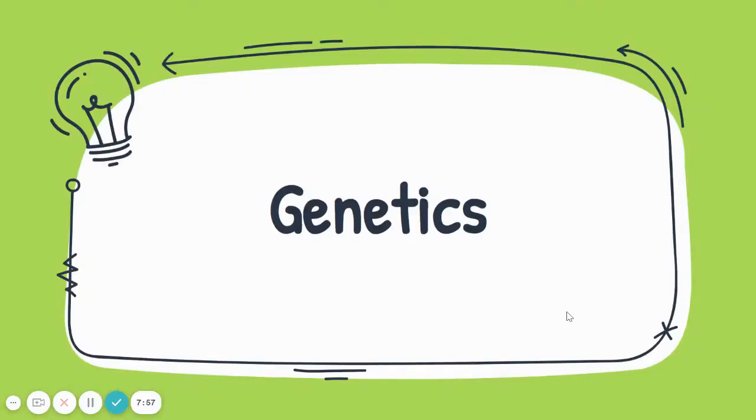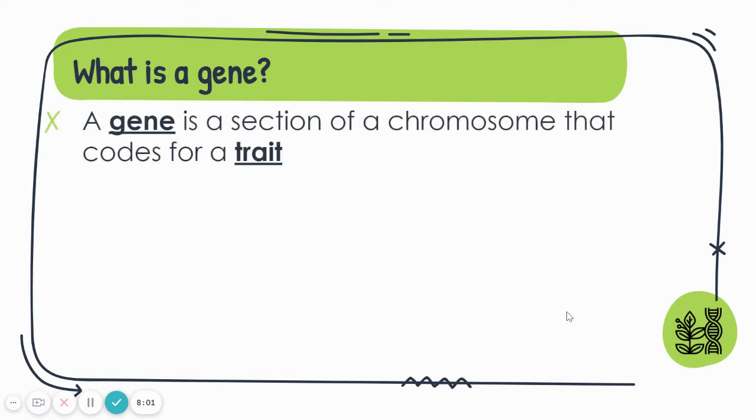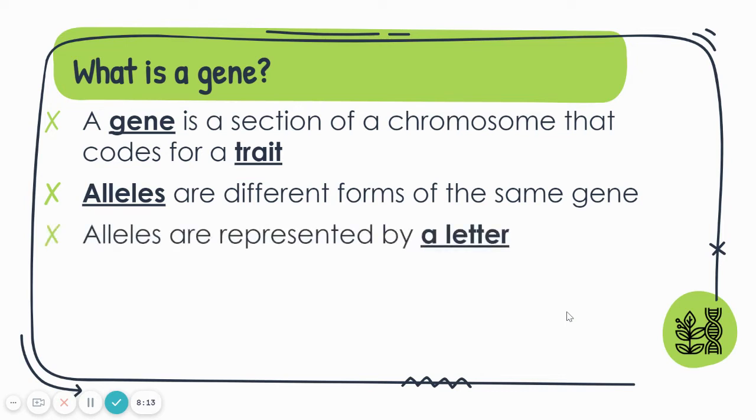All right, and then into genetics. So what is a gene exactly? A gene is a section of a chromosome that codes for a trait. Alleles, that term allele, means different forms of the same gene. We represent those alleles with a letter.